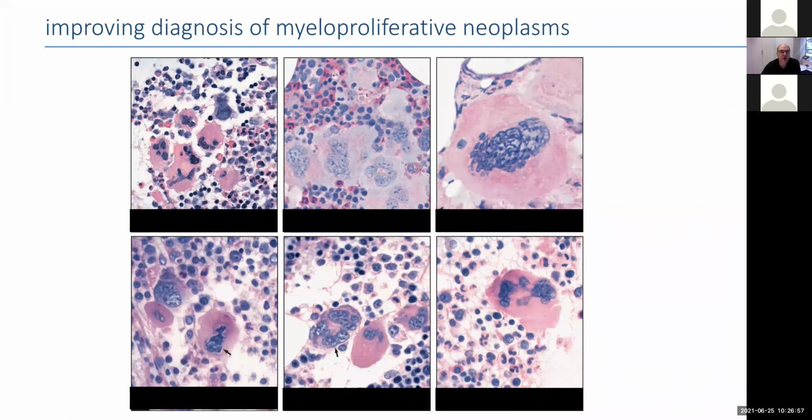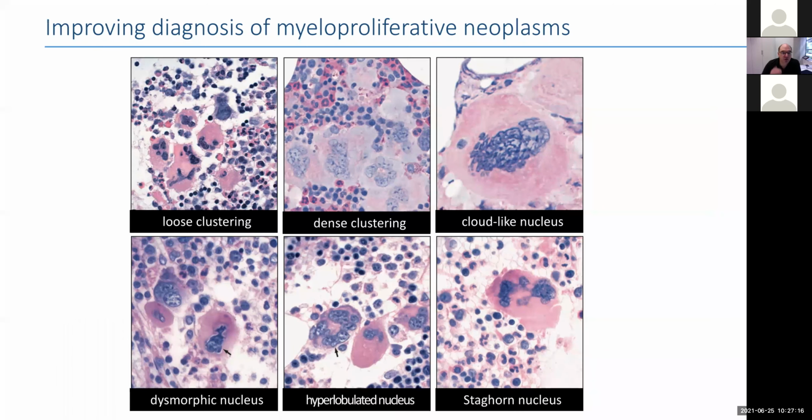And to give you an idea on what's been described in the WHO guidelines that pathologists basically are being trained on, there are basically 6 different classes. These classes are different with respect to size and basically appearance. And the names that are sort of given are loose clustering, dense clustering, cloud-like nuclei, and Staghorn nuclei.